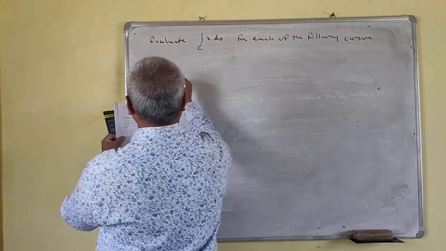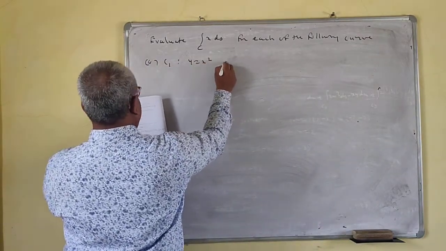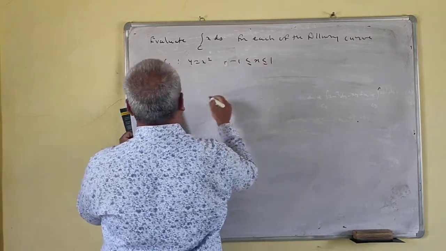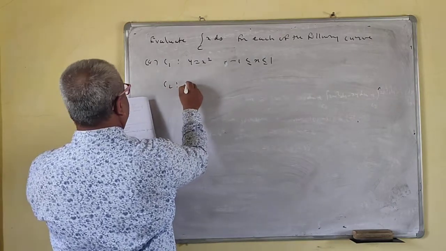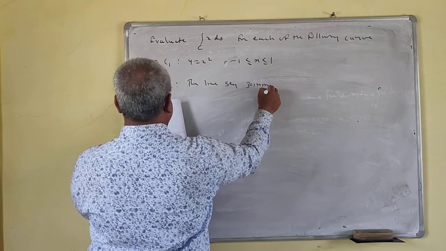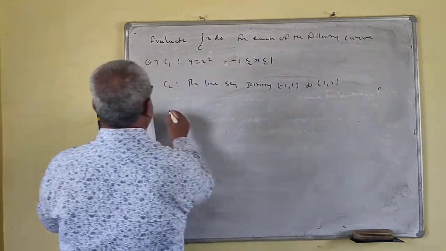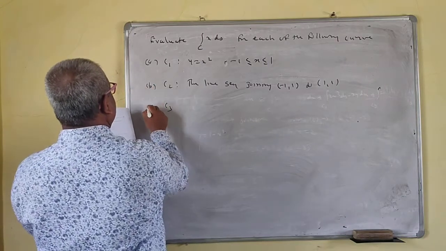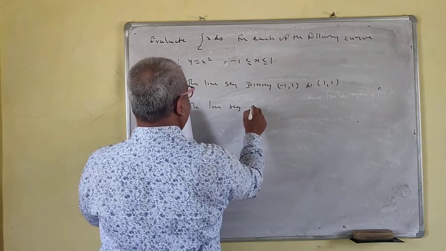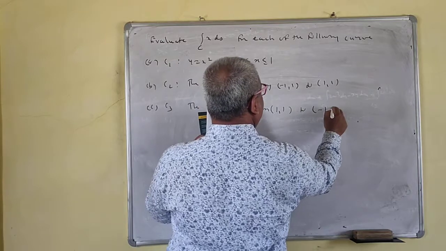These are separate problems. C1: y is equal to x square, minus 1 less than or equal to x less than or equal to 1. C2: the line segment joining minus 1, 1 to 1, 1. And C3: the line segment from 1, 1 to minus 1, 1.